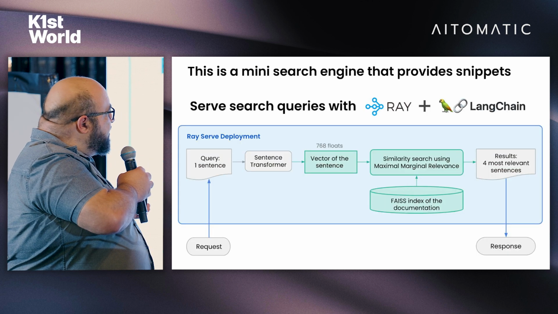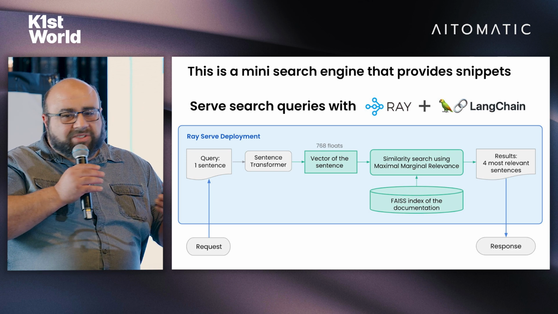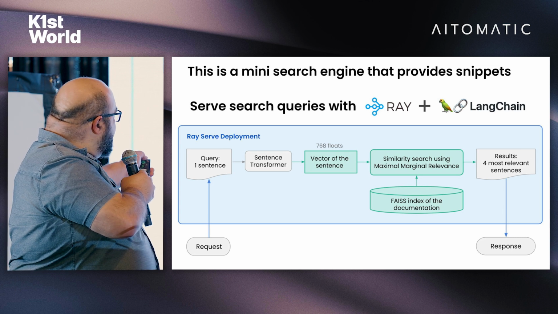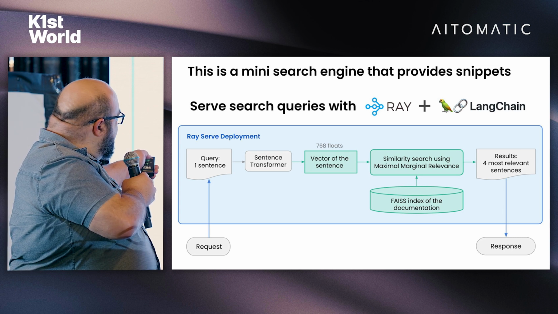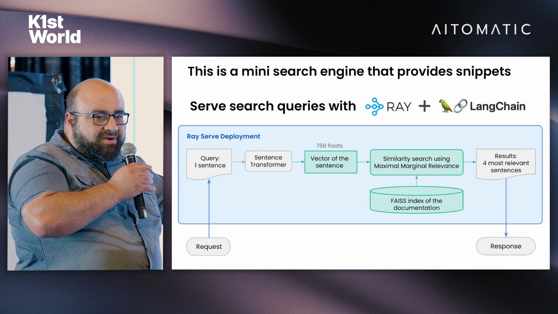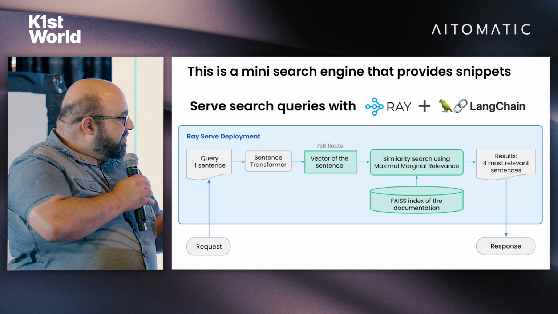And then what you can do is you can use that index to do almost like a mini search engine. So when someone puts in a request, you have the query, you then apply the same embedding that you did before. You do similarity with the other things that we constructed in the vector database, and you retrieve the best results.